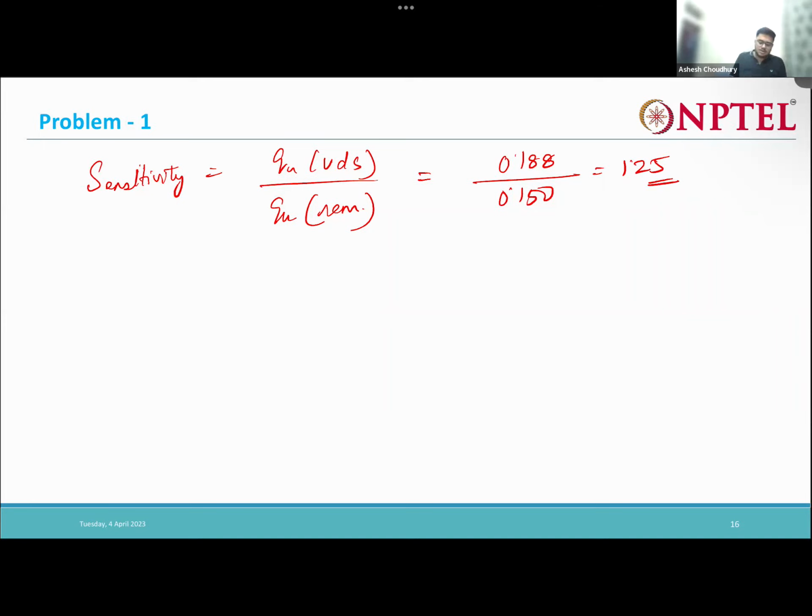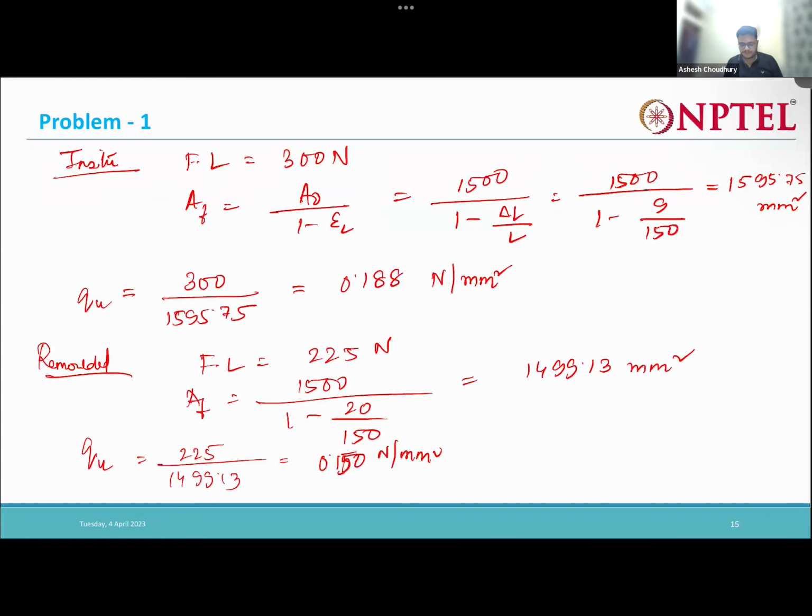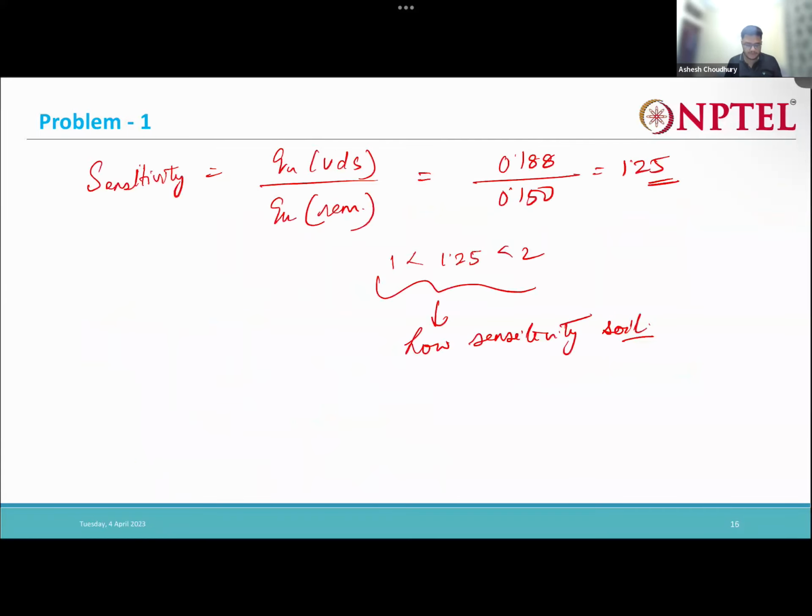Okay, so this sensitivity actually falls between 1 and 2. So it's actually a low sensitivity soil. Okay, this is actually a low sensitivity soil. All right. So very straightforward question.